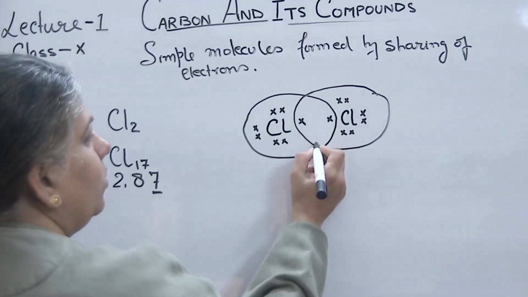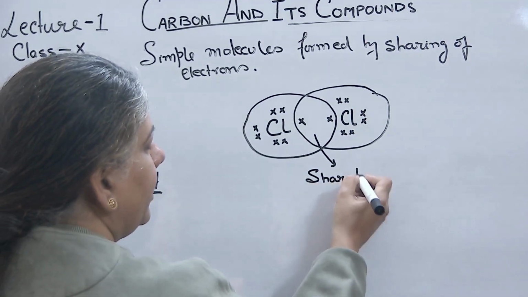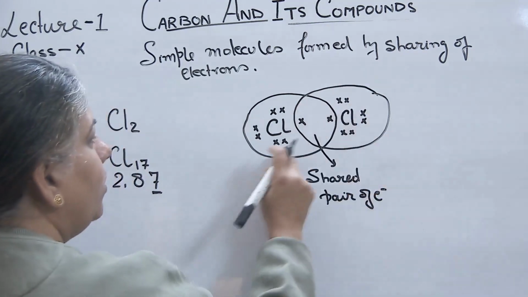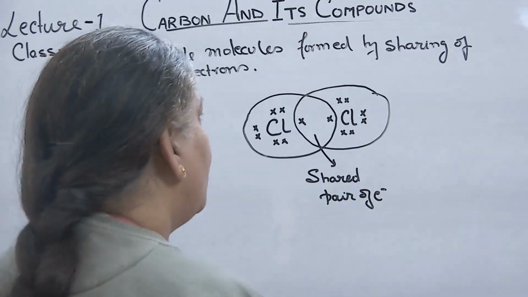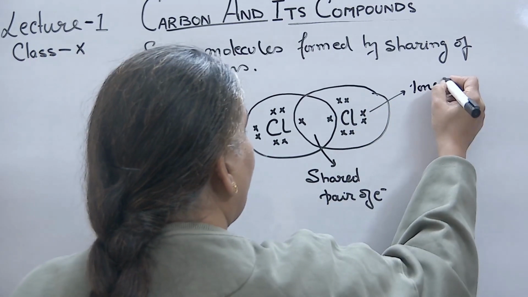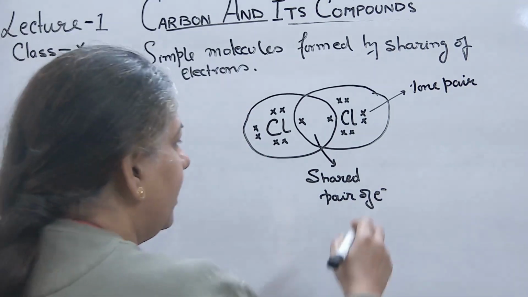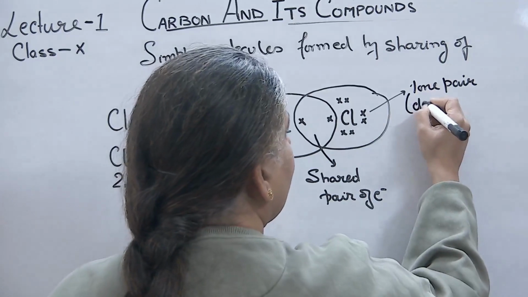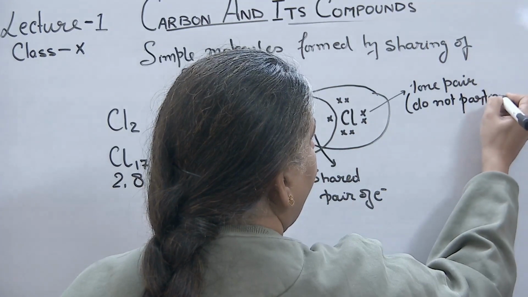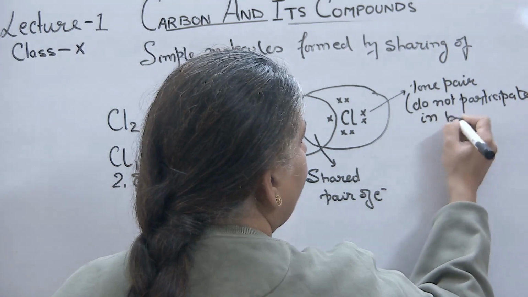So, these two are the shared pair of electrons, and those not participating in bonding are called lone pairs. They do not participate in bonding.